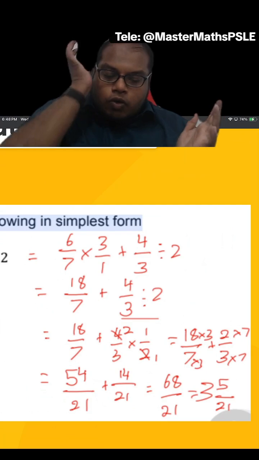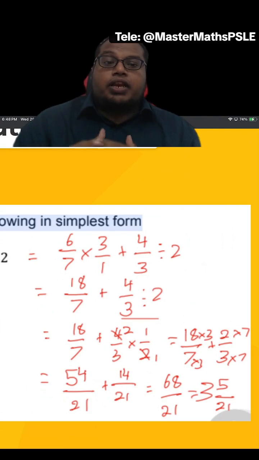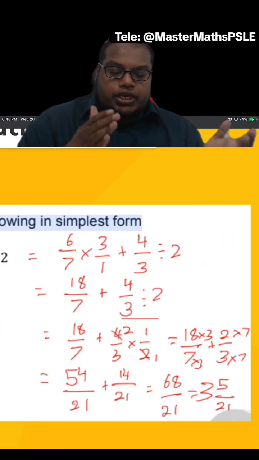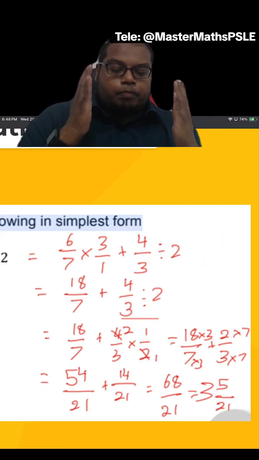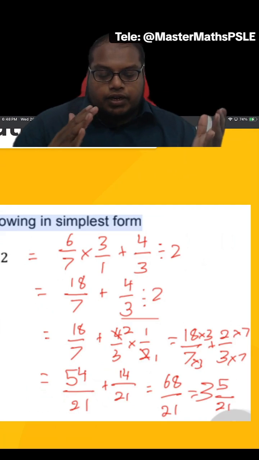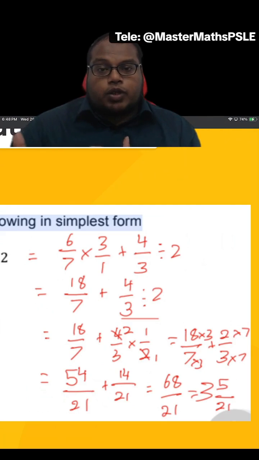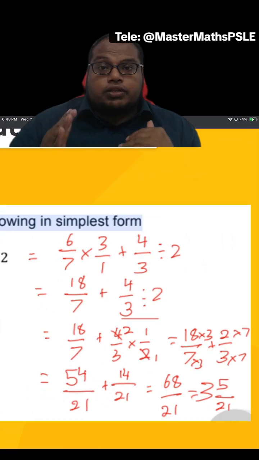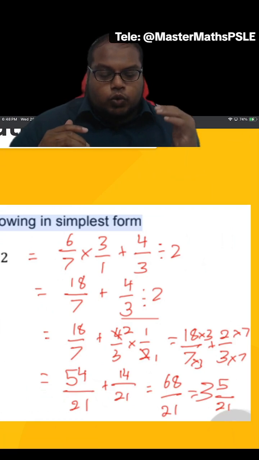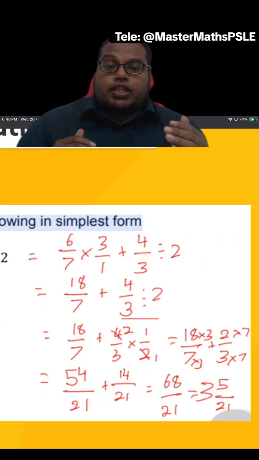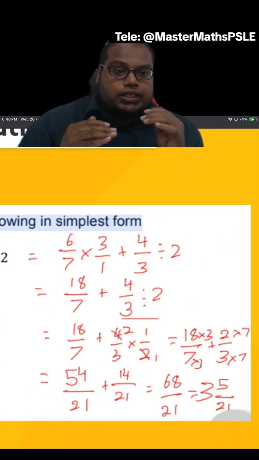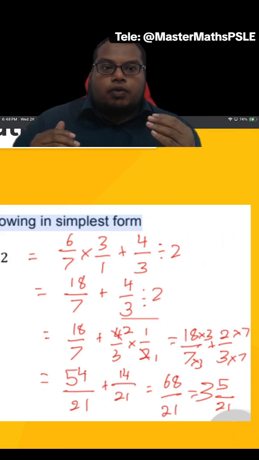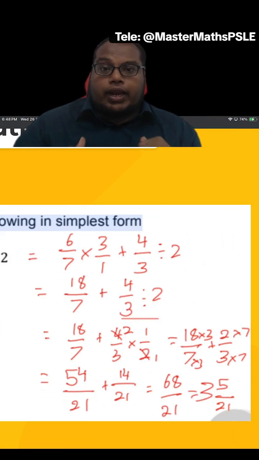Okay, so now your addition, you make the denominators the same. So 18 times 3, 7 times 3, followed by 2 times 7, 3 times 7. Okay, and 54/21 plus 14/21, and you get 68/21 equals 3 and 5/21. In this case, you can think of multiplying the 21.